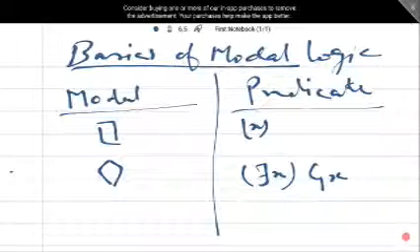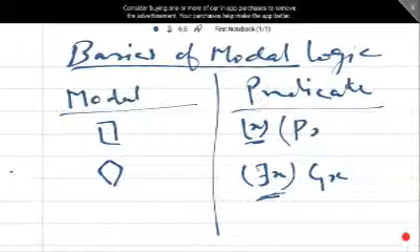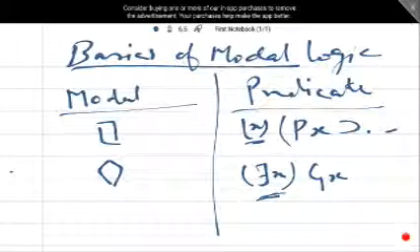So some x, or this is also called the existential quantifier, asserts that there is an existence of said being, whereas for all x, or a universal statement, just says that if there is an x, there is always a conditional statement. So if there is an x, let's say Px, then so and so.